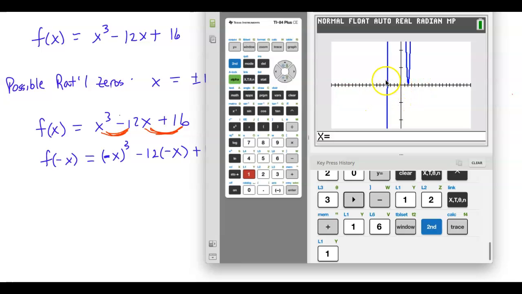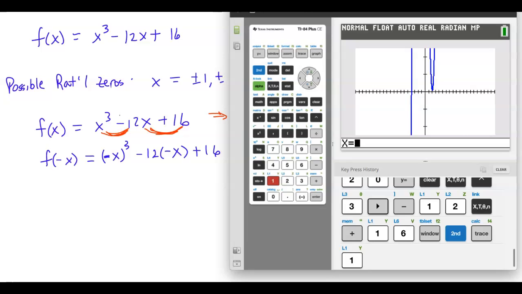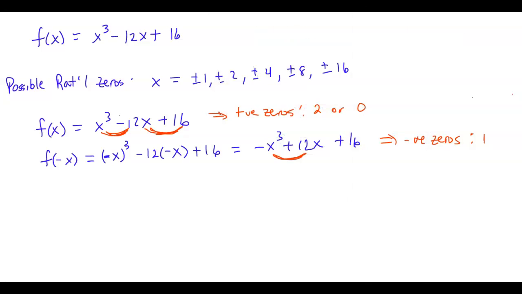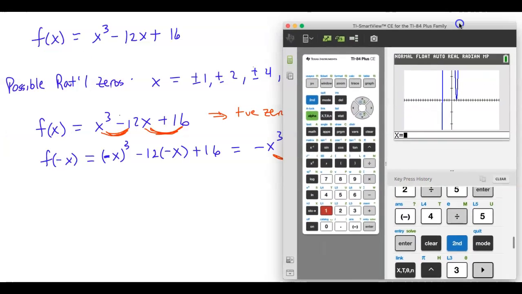Notice here that, again, we're acting as if we didn't have the graph, but the graph is telling us that we do have a negative zero, and we see that it's only one of them. If we went through our list of zeros, we would find the one at x equals -4 here. So I'm going to shrink what I'm using here so we can see the list at the same time.